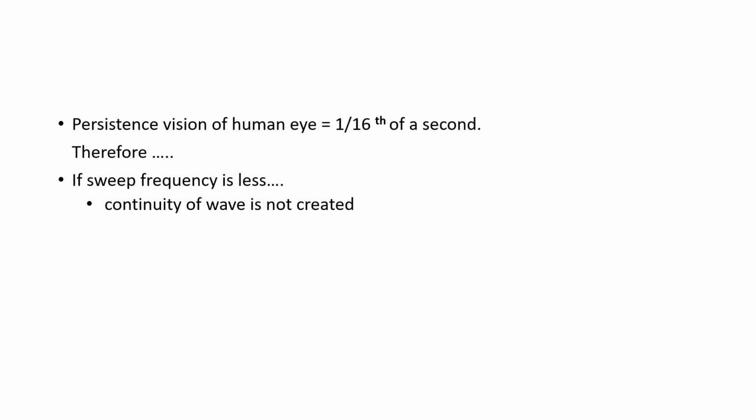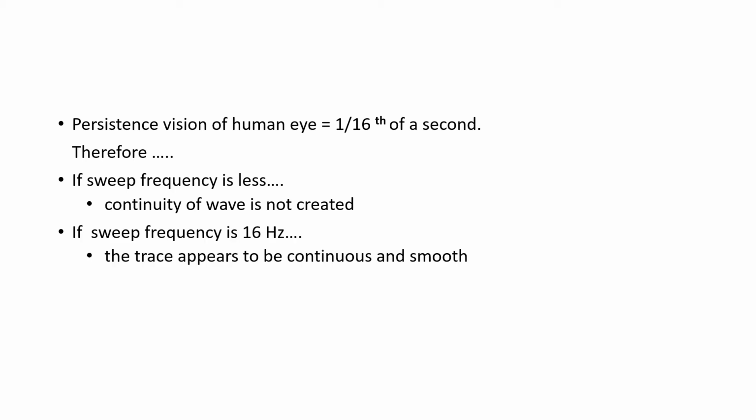If the sweep frequency is less than this, the continuity of the wave is not there. If the sweep frequency is 16 Hz, the trace appears continuous and smooth. The minimum sweep frequency recommended is 50 Hz.